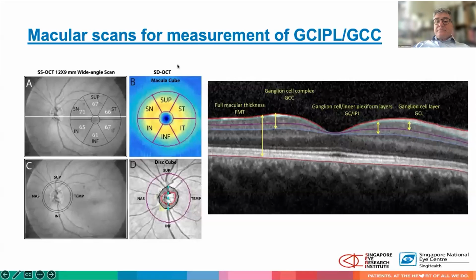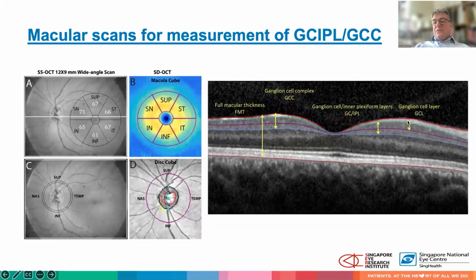We can also use macular scans for measurement of the ganglion cell inner plexiform layer, and this you can see here. This is the GCIPL, so the ganglion cell plus the inner plexiform layers. Some systems also assess the ganglion cell complex in itself, or the ganglion cell layer.